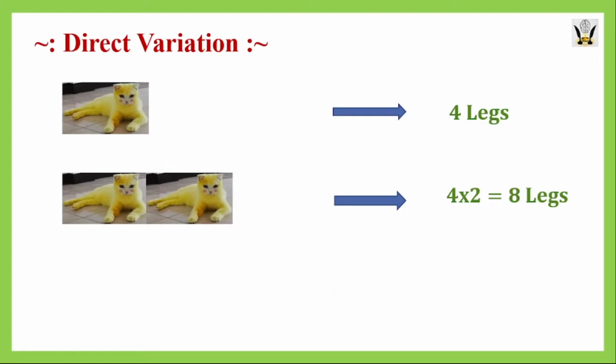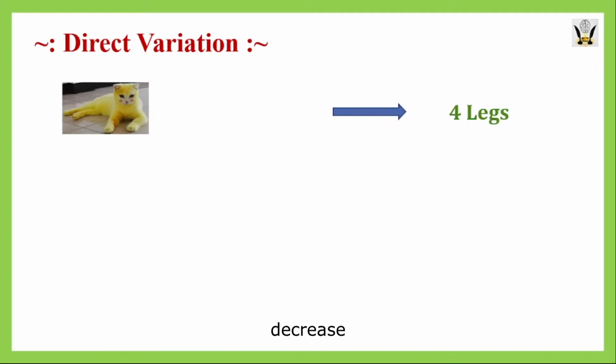If we decrease the number of cats by 1, to 2 cats, then the total number of legs will be 8. If we decrease by 1 further, then the total number of legs will be 4. That means when we decrease the number of cats, the number of legs also decreases. So this is the concept of direct variation.